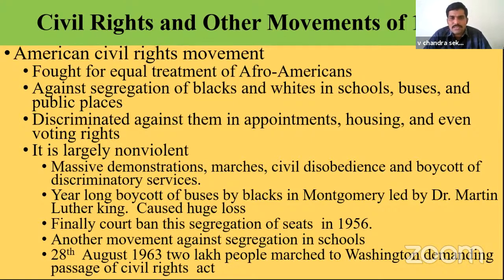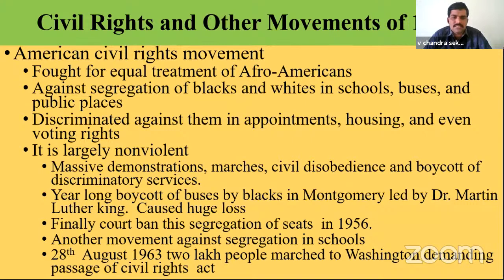Take schools, buses and public places, where they were discriminated against by whites. In the buses, for example, they had two sections, one section for whites and one section for blacks. So the blacks started a boycott of discriminatory services like buses, schools, and public places.